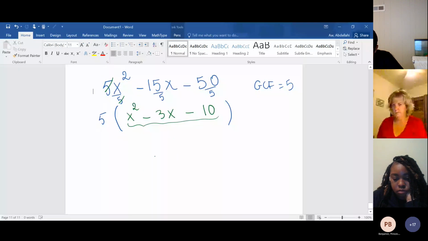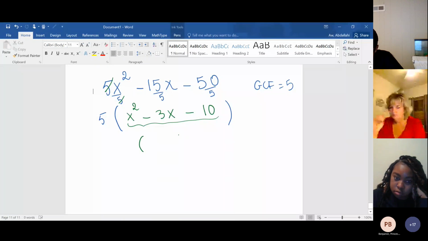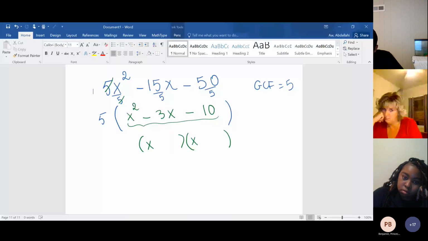But we were able to do that only after we factored out the 5, right? Okay, so now we can try to find those two numbers. What are they? Negative 5 and 2.